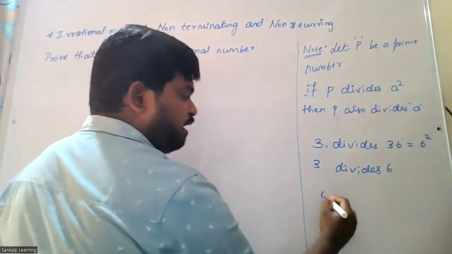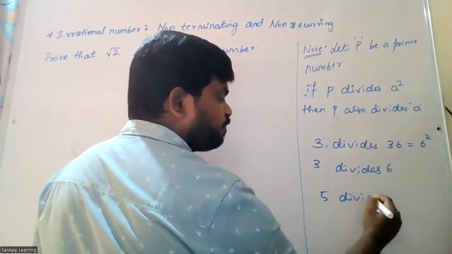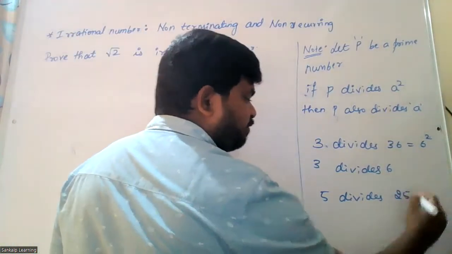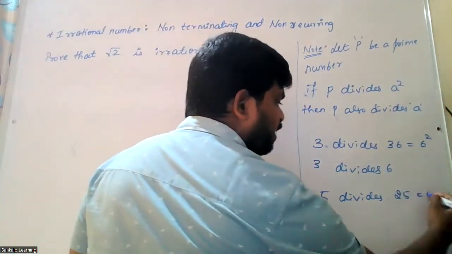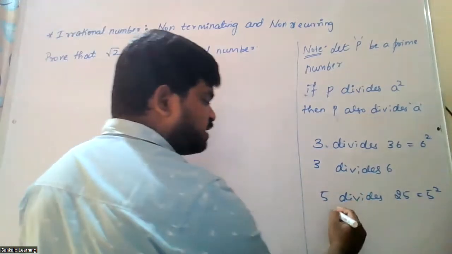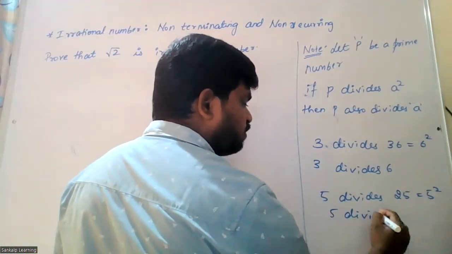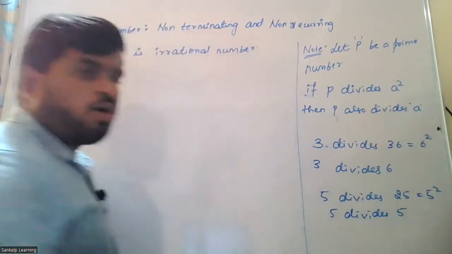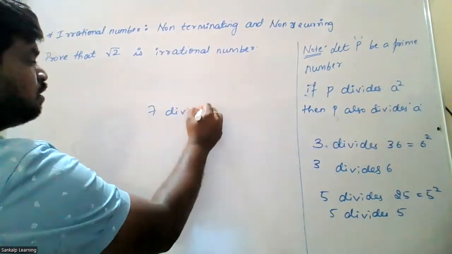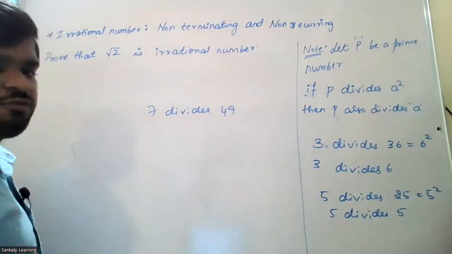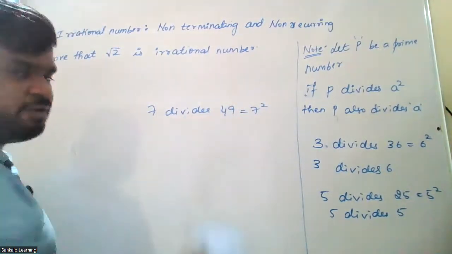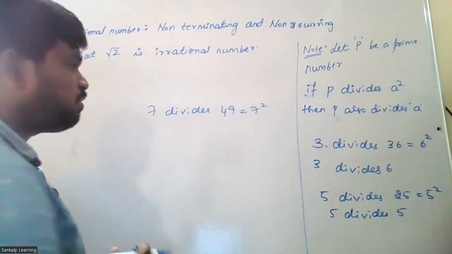Okay. Similarly, 5 divides 25. 25 is nothing but 5 square. If 5 divides 5 square, 5 also divides 5. Or let's take 7 divides 49. 49 is what? 7 square, right? 7 divides 7 square, obviously 7 divides 7.